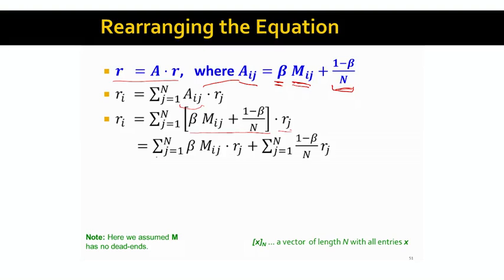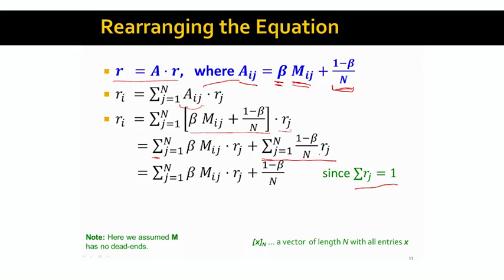So we have now two summations, both over the same range, and one thing that we know is that vector r is a probability distribution, which means that the entries of vector r sum to 1. This means that the second summation, the sum over j of r_j, sums to 1.